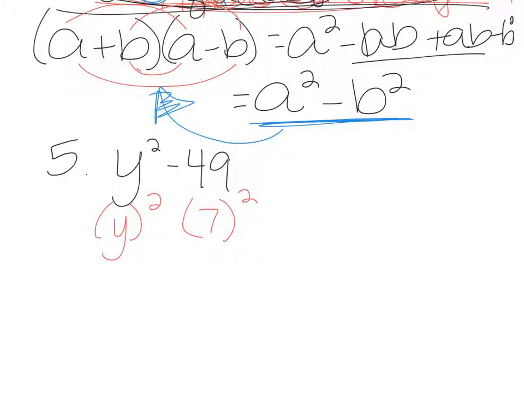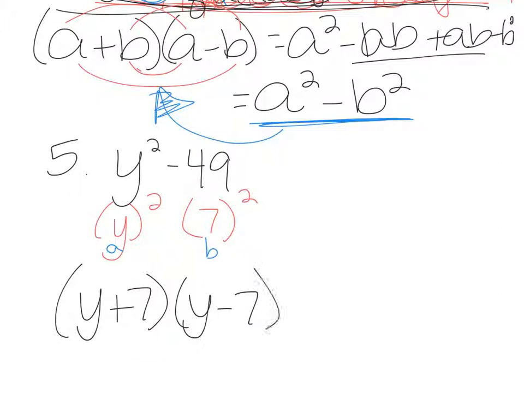Hopefully we can come up with 7. So the y is going to be my a, and the 7 is going to be my b. Now we plug y and 7 in and factor it using that form. So I could factor this as y plus 7, y minus 7.